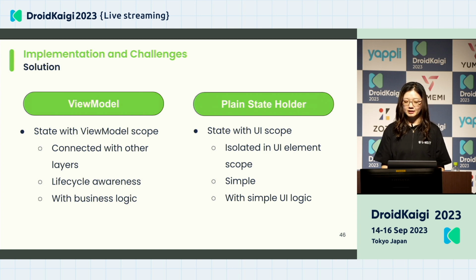So my solution is using two types of stakeholder. One is the view model, handling the state within view model scope. Another one is a plain stakeholder class, handling the remaining simple state within UI scope. I list their differences on the screen.